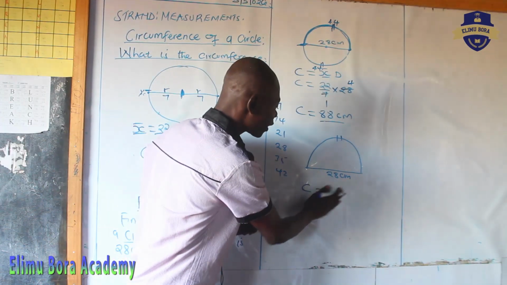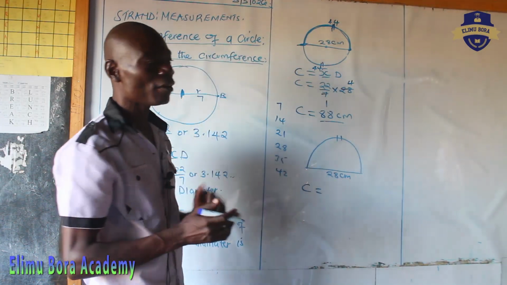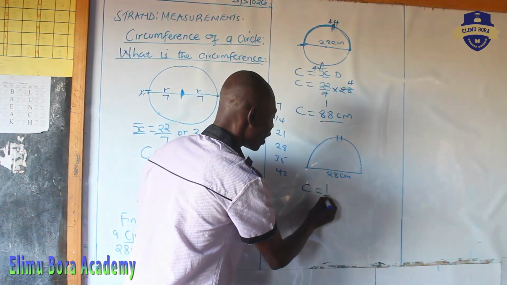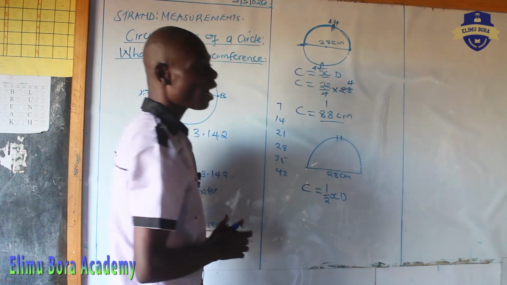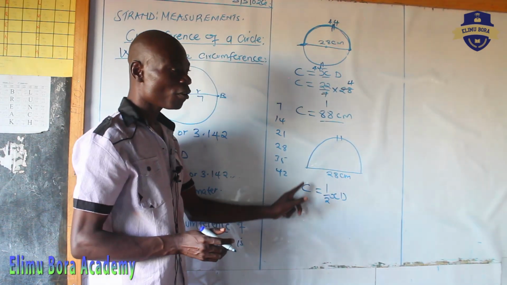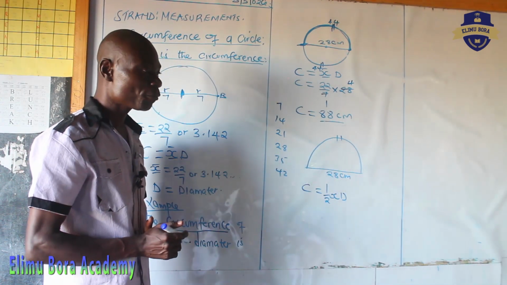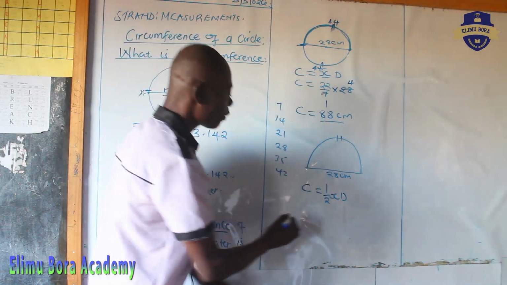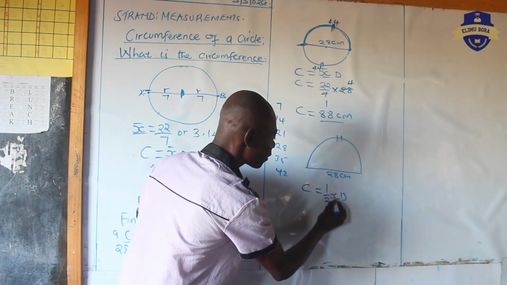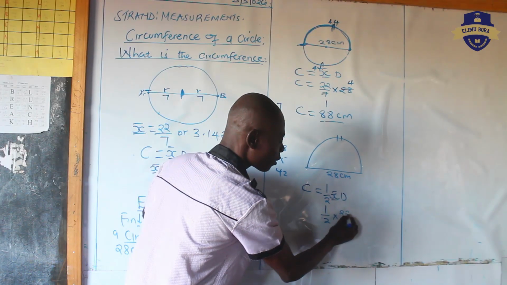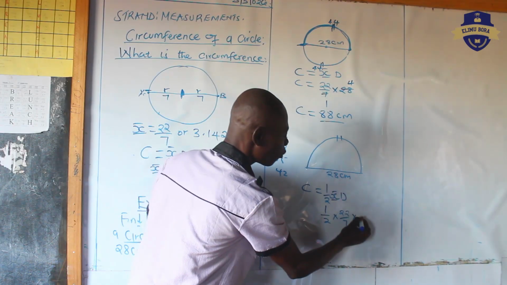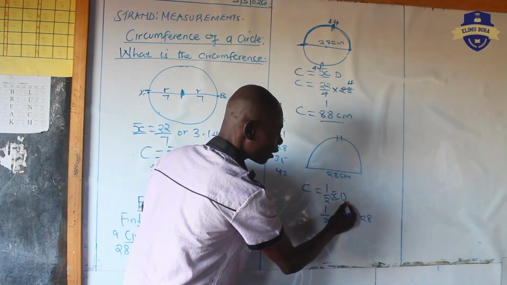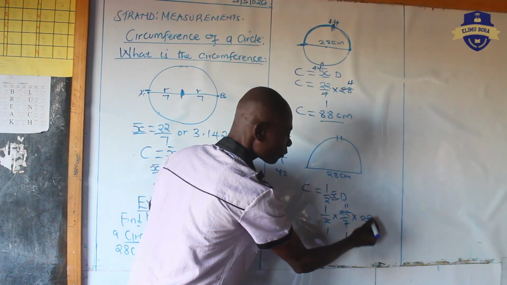Now, how do we find the circumference of a semicircle? It will be half pi d. Because this is half of a circle, you take a half times pi, which is 22 over 7, times the diameter, which is 28. 2 here 1, 2 here 11, 7 1, 7 here 4.